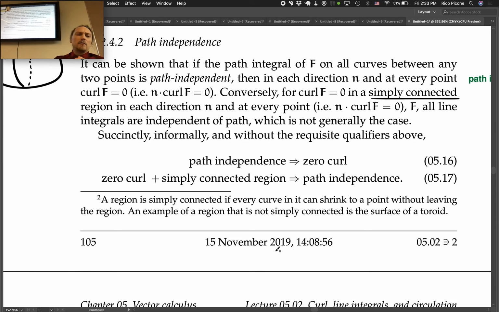Now, would a fluid that can just move generally, a general fluid motion, if f is the velocity of the distributed fluid, is that going to have path independence?